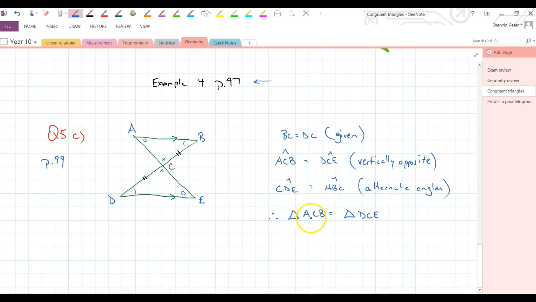So A and E should be in the corresponding spots there. So I probably haven't done that quite right. So matching my A should be E. So I should have E there. Matching my C should be C. That's fine. And matching my B should be D. So I should write it as ECD.